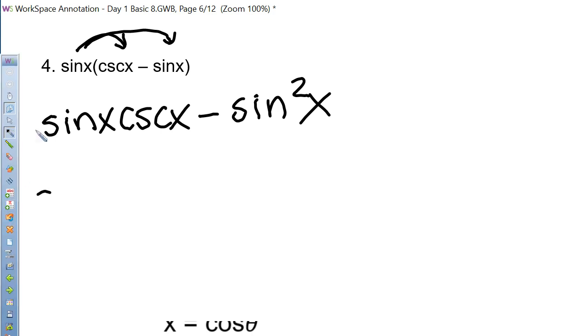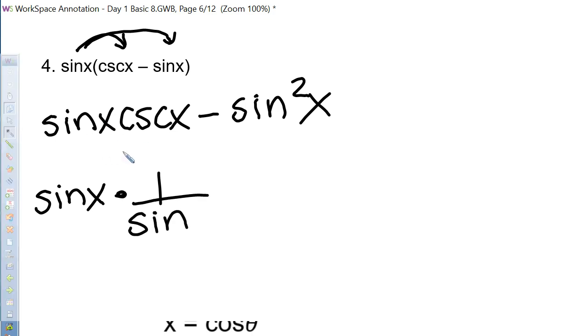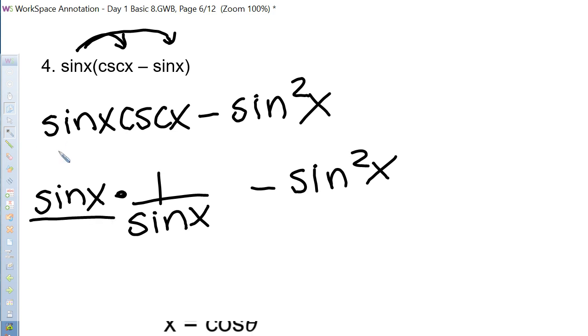So the sine is good, but instead of cosecant, what could I rewrite cosecant as? 1 over sine, minus sine squared of x. And what happens with these signs right here? They cancel, so this is just 1 minus sine squared of x. Now what does that look like?